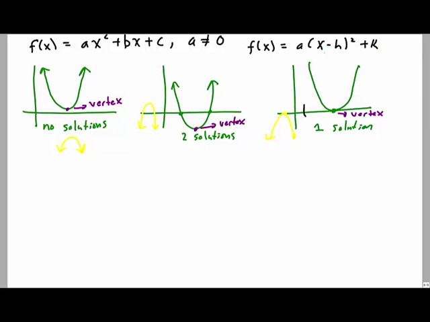Now we like this form because right away this tells me that my vertex is the ordered pair (h, k). So if I can get my function ax squared plus bx plus c in this form, it automatically gives me the coordinates for the vertex. So that's what we want to do, is we want to turn this into that. And we do this by completing the square.